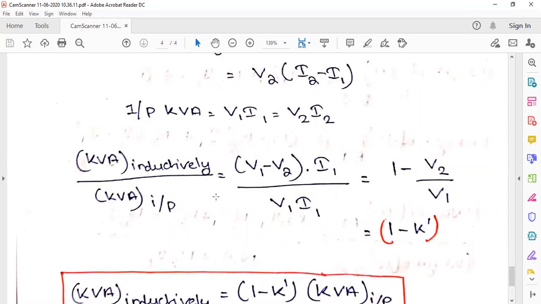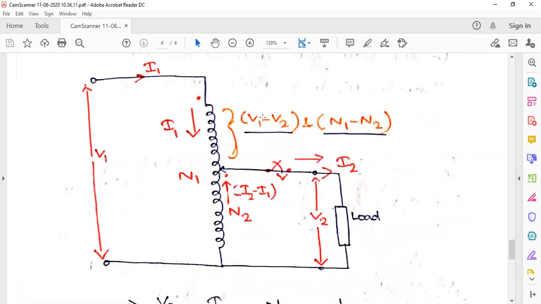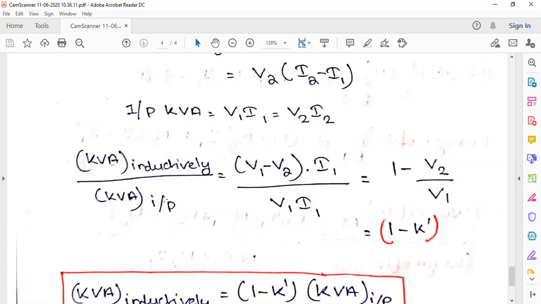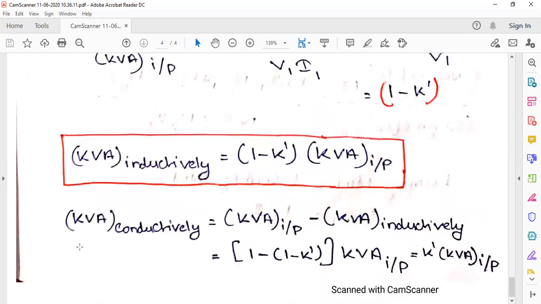So you know kVA inductively: why is it V1 minus V2 into I1? From the figure, V1 minus V2 into I1, and input kVA is V1 into I1. Already you know. Now we will find out the kVA conductively, how much kVA we get through conduction. So kVA conductively is equal to kVA input minus kVA inductively.